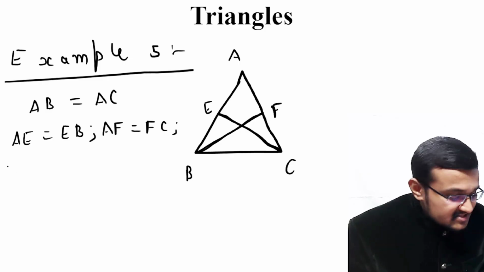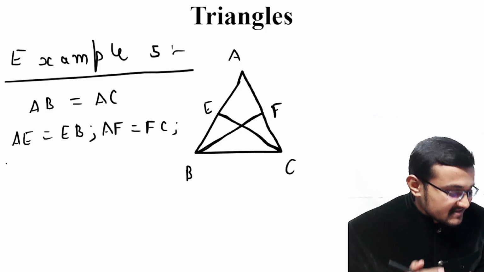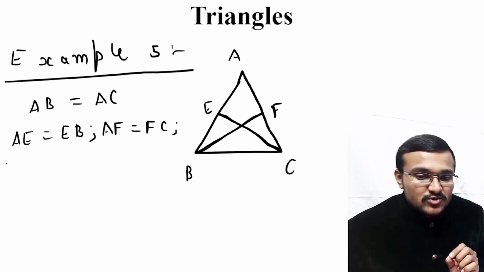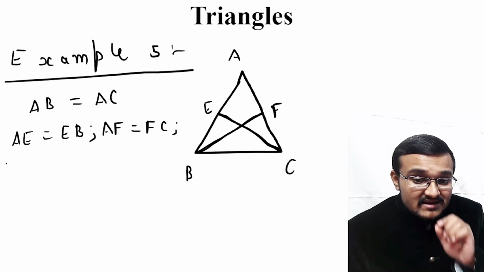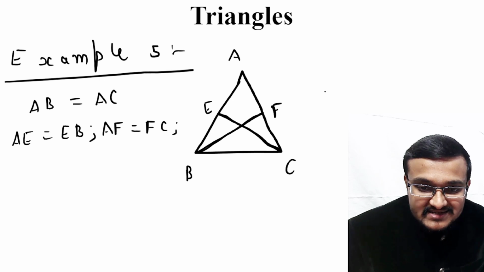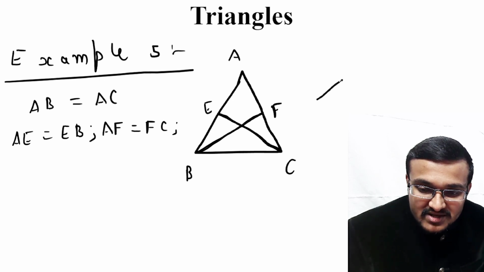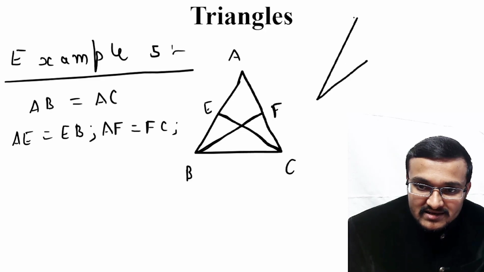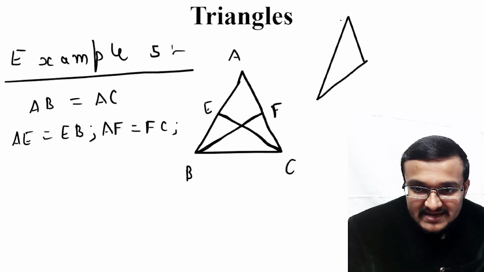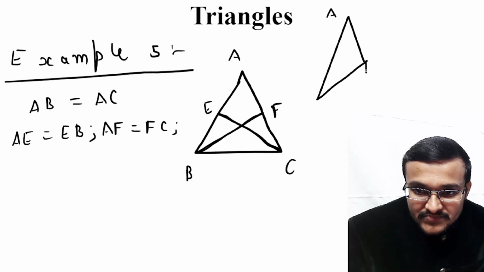In the solution, you can consider triangle ABF and triangle EAC. Here I'll write these two triangles separately. One triangle is like this, and this triangle is AFB.